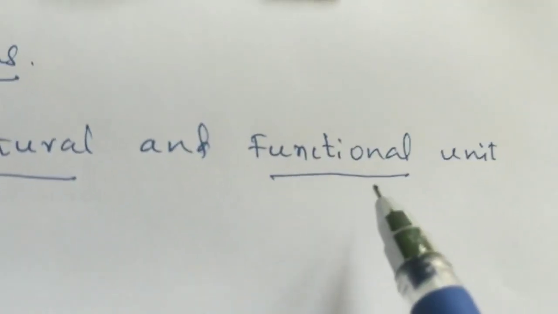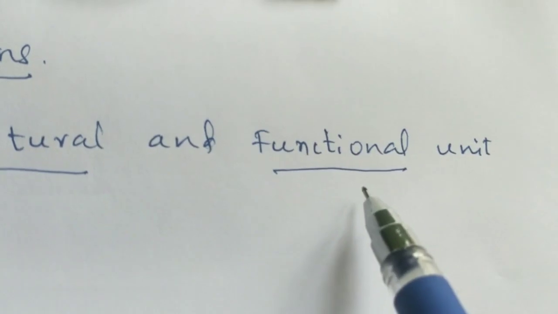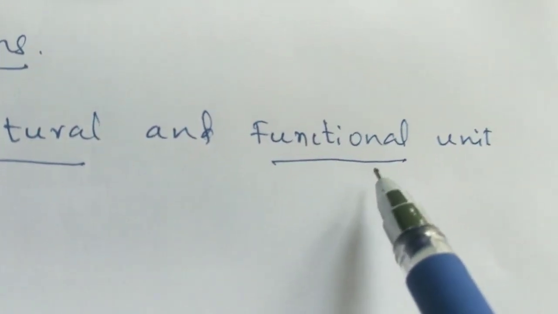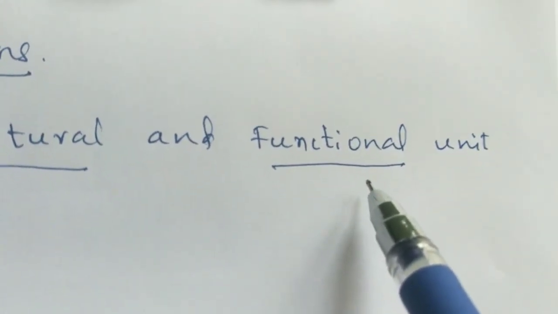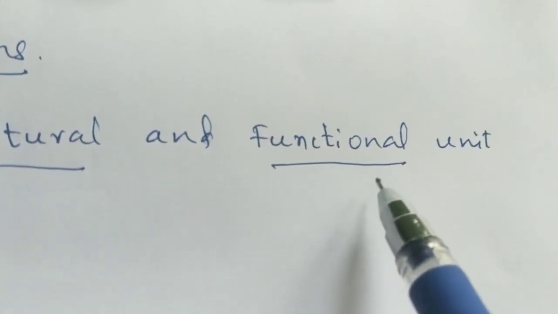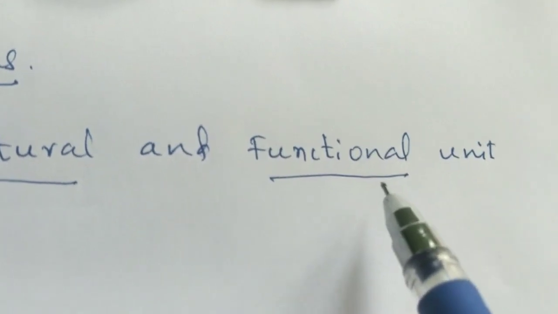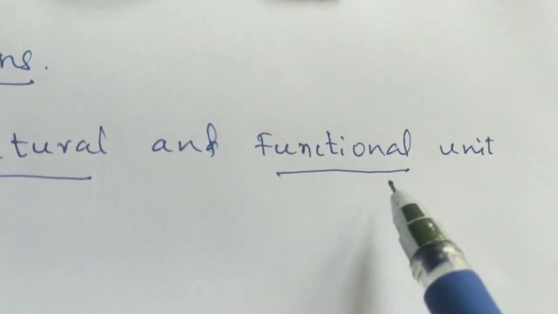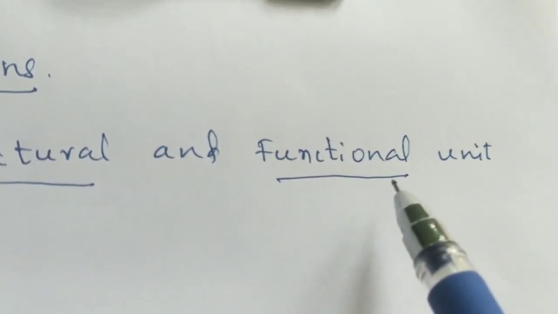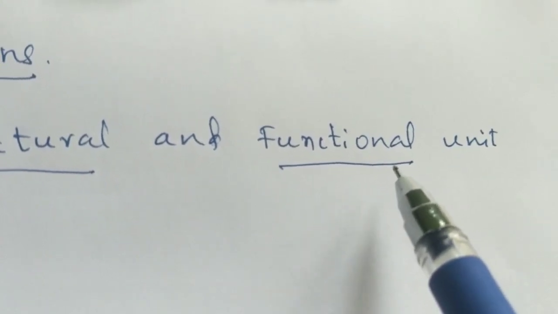Then why are the cells called functional units? We know that the living organisms carry out the metabolic activities. All the metabolic activities, where are they actually carried out? They are carried out inside the cell.